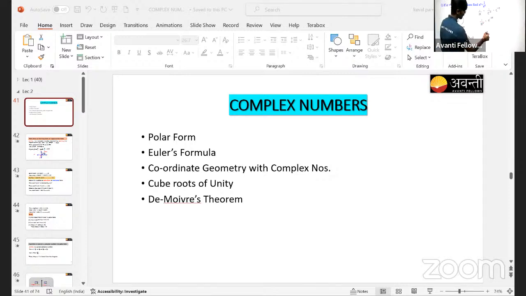Which means this is cos 6 theta minus i sin 6 theta. What we have to do now is add x raised to the 6 and this. If we add these, this will get cancelled and we'll be left with cos 6 theta plus cos 6 theta. So my answer will be 2 times cos 6 theta.